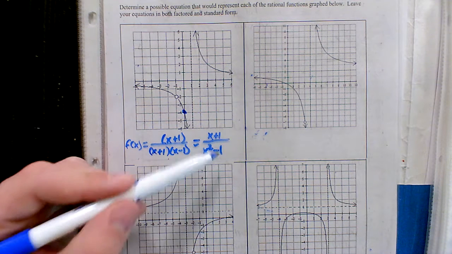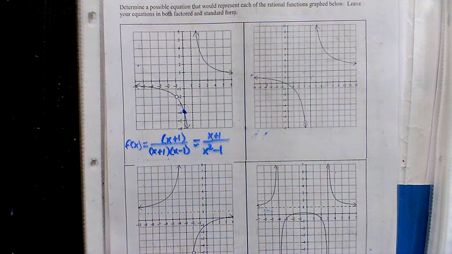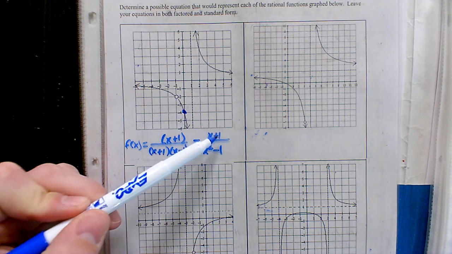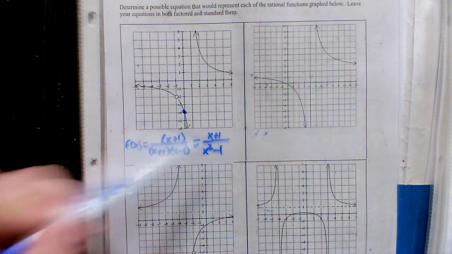Right now we have +1 over -1, so we have -1. How can we make that a -4? What value do you think is going to be easier for us to change? This one with the x squared or the one with the x on the top?